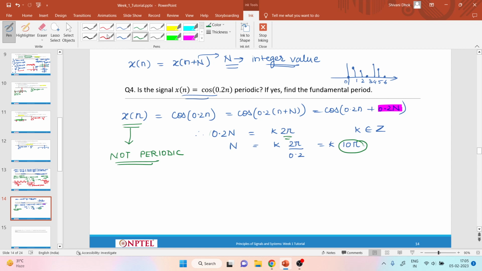Now suppose instead of this cos 0.2 n, I am having cos of 0.2 pi n.